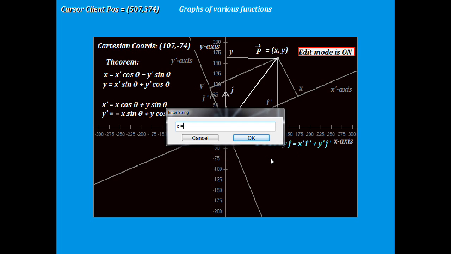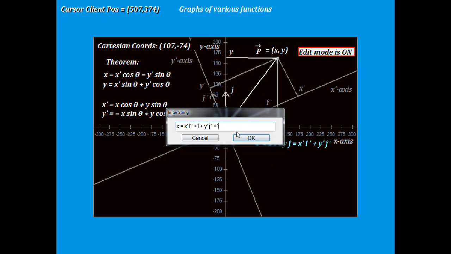x equals, because i dot i is 1, x prime times the i prime unit vector dot i plus y prime times j prime dot i, right?